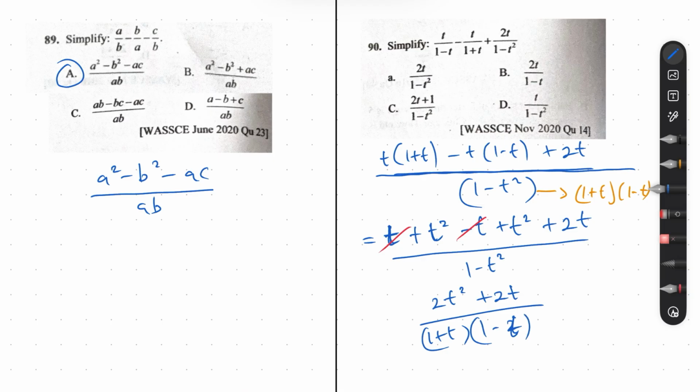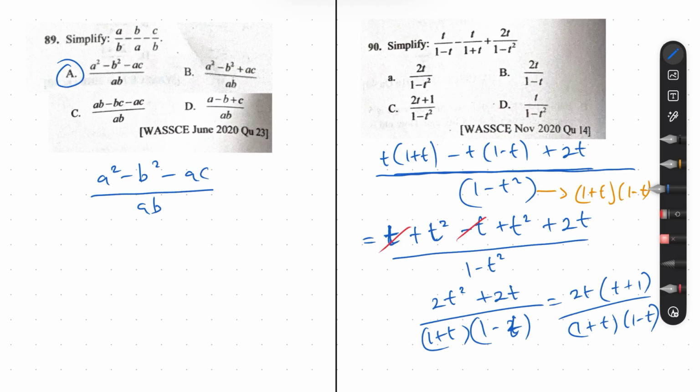Now here we can factor something out, right? So we have 2t, let's factor 2t out. Then we have t plus 1 all over 1 plus t, 1 minus t.